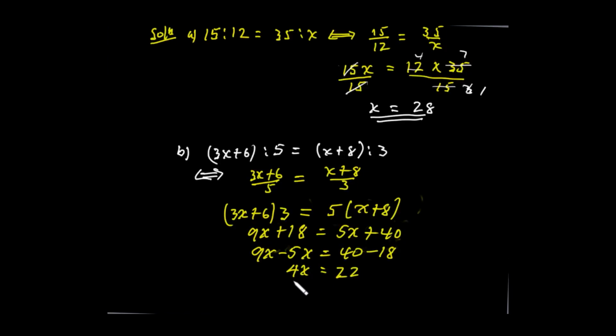Over 4, the x value is 11 over 2, so we calculate the value of x as 5.5. So the x value here must be 5.5.